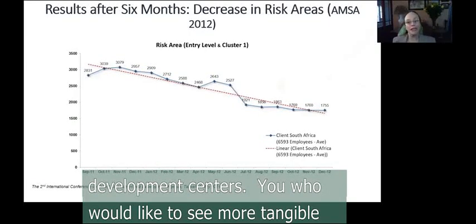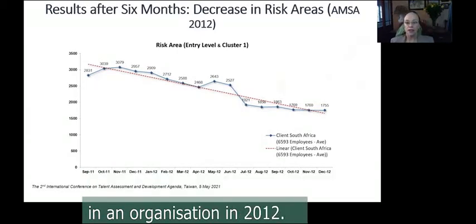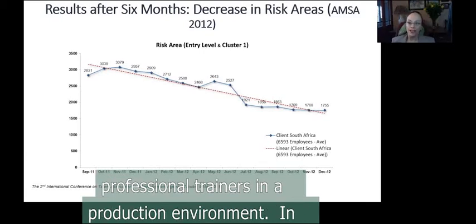For those of you who would like to see more tangible results, what you're looking at here is a center that we implemented in an organization in 2012, some time ago. This center was specifically designed for professional trainers in a production environment.